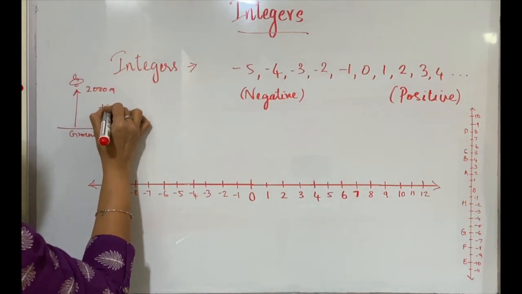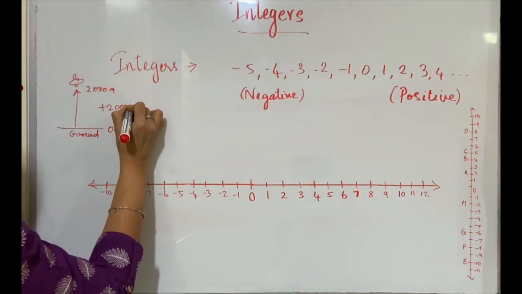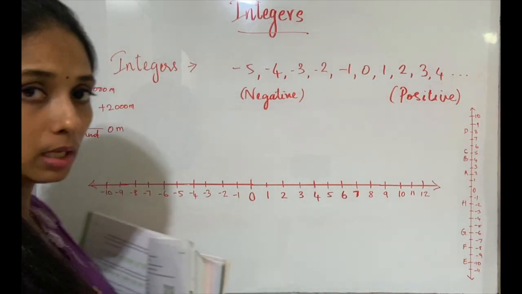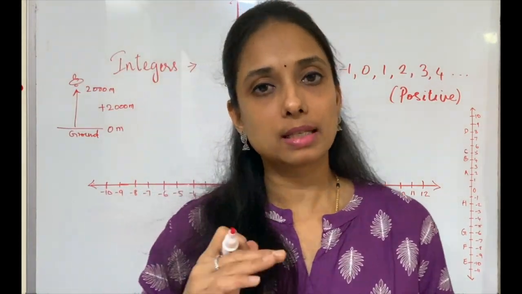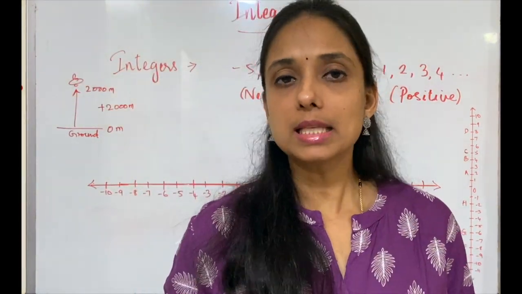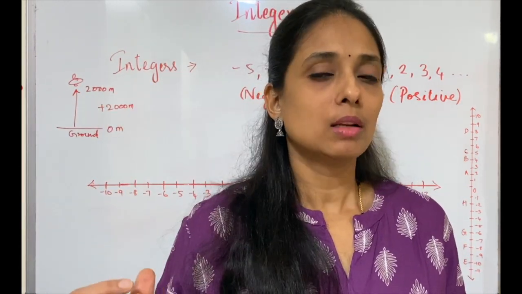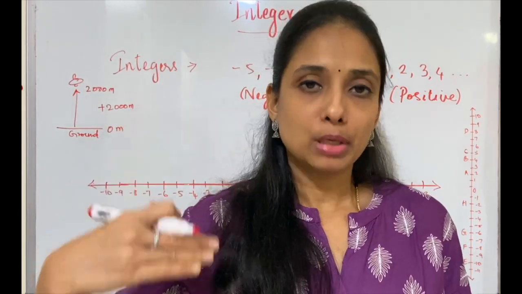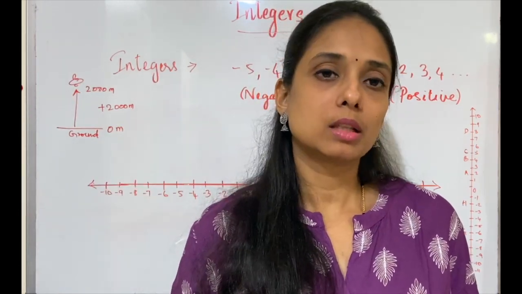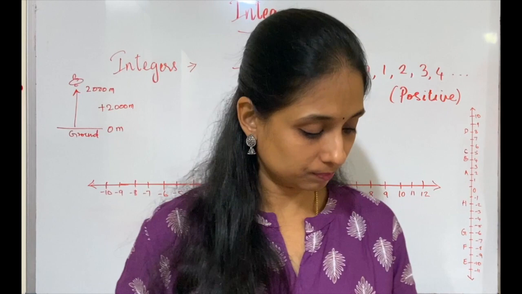So we say this as plus 2000 meters. Ground or the sea level, everything we consider as 0, and whichever is above the ground or above the sea level, we consider it as positive. Below the ground or below sea level, that is written as negative.